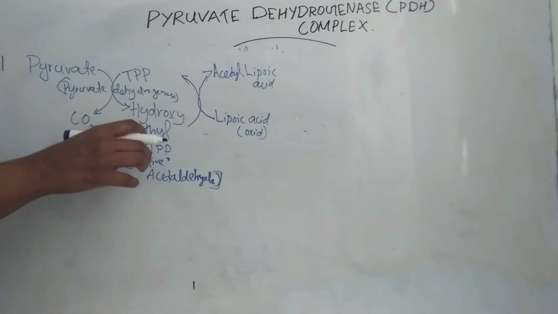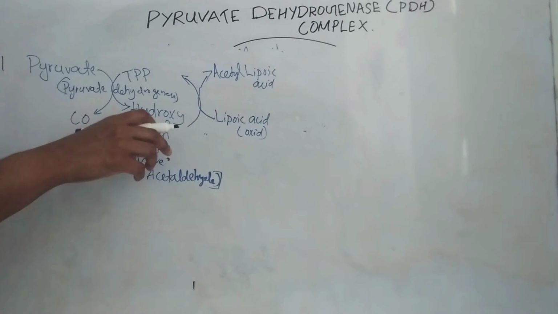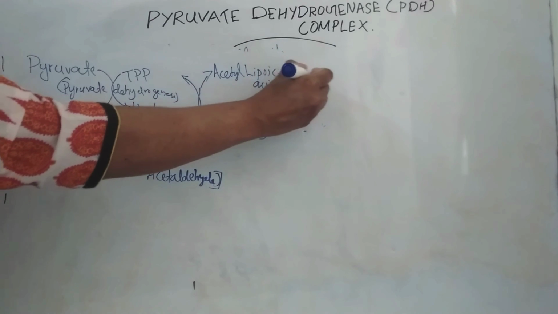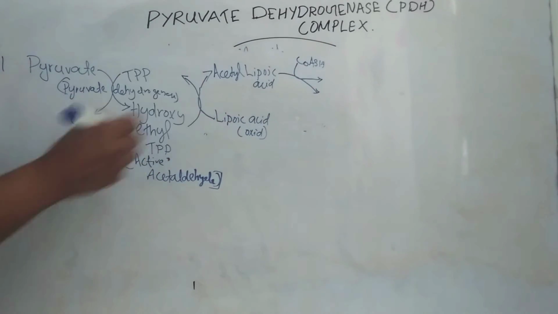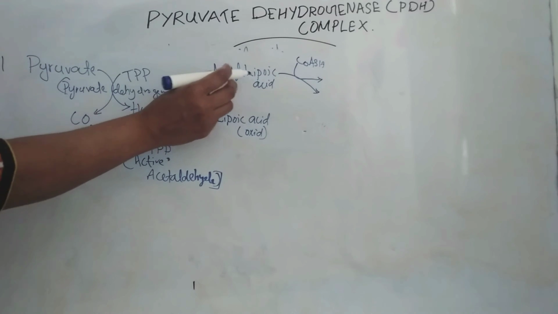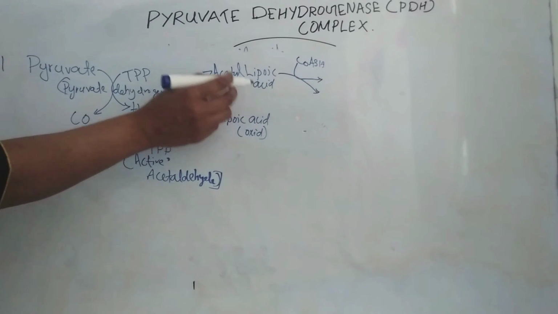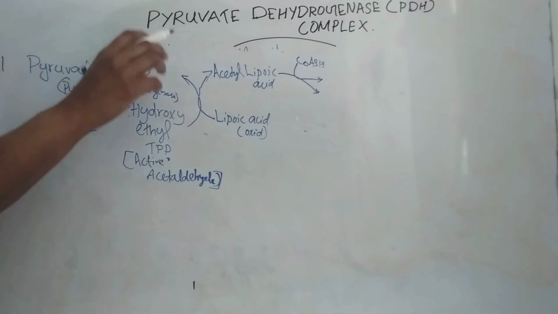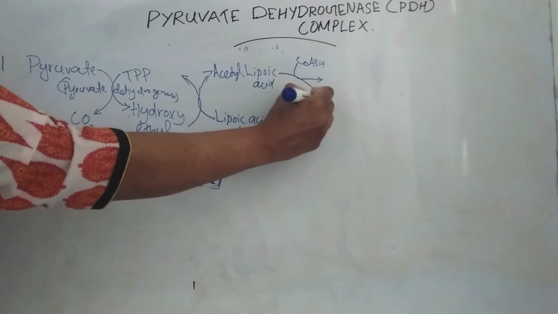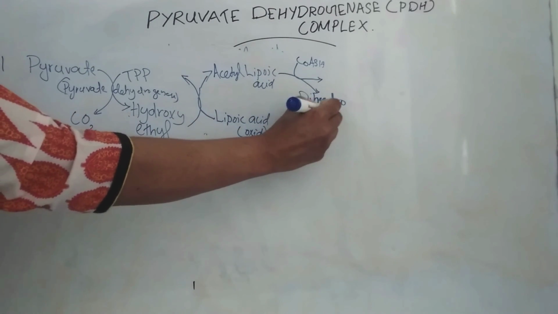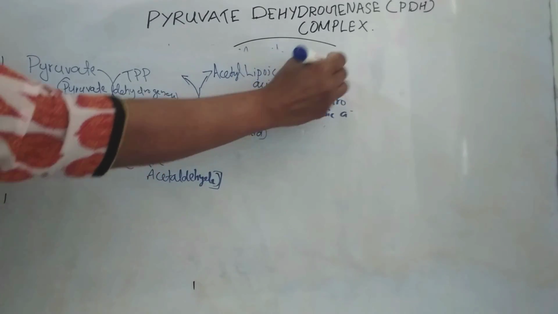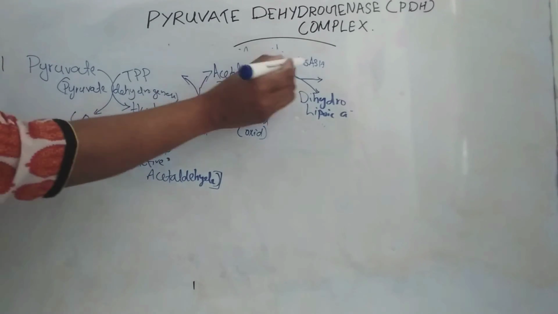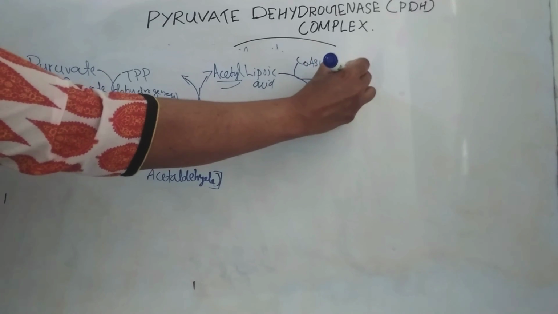Then in the presence of dihydrolipoyl transacetylase, that is the second enzyme, this acetyl lipoic acid reacts with CoASH and is converted to reduced lipomide, that is known as dihydrolipoic acid, and the CoASH is converted to acetyl CoA.